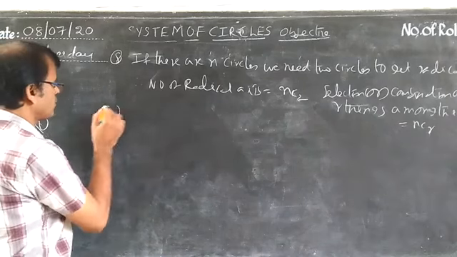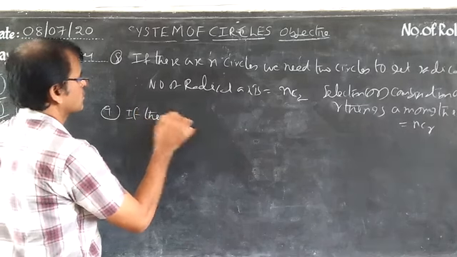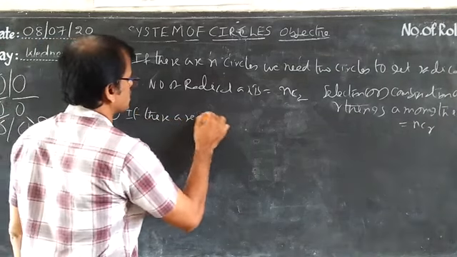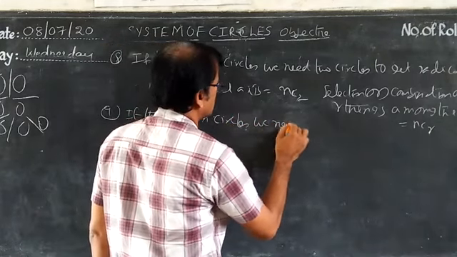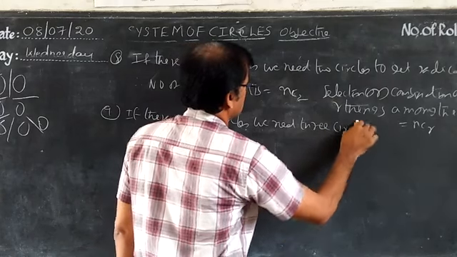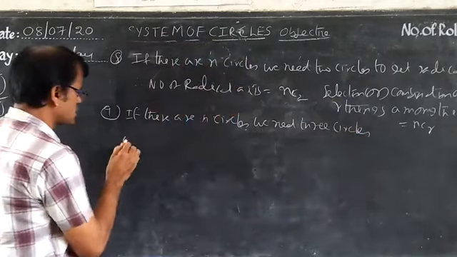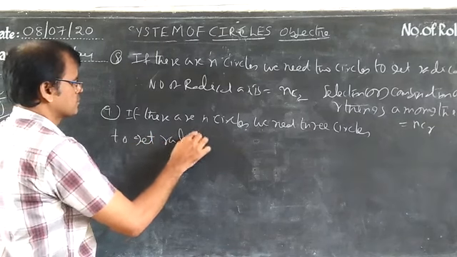Next, the ninth formula. If there are n circles, we need three circles to get a radical center.